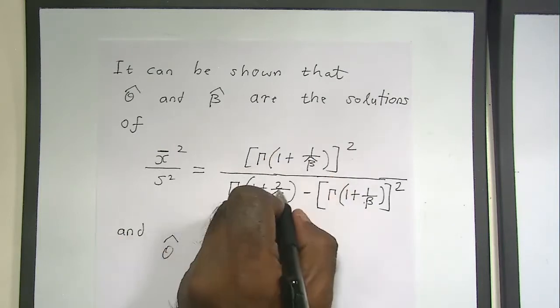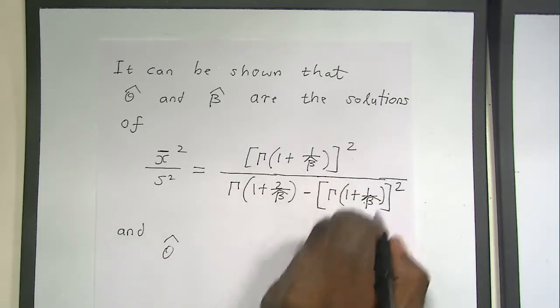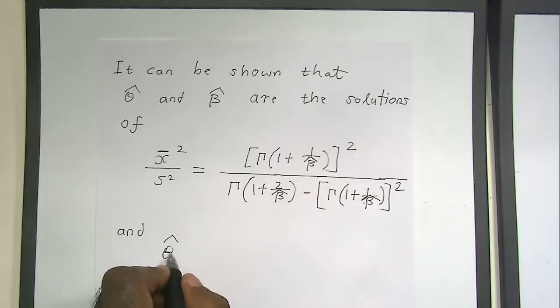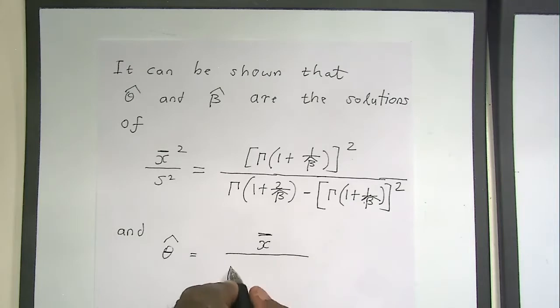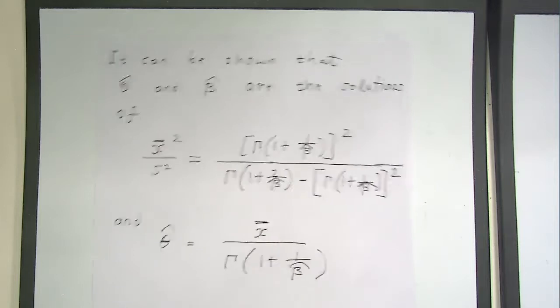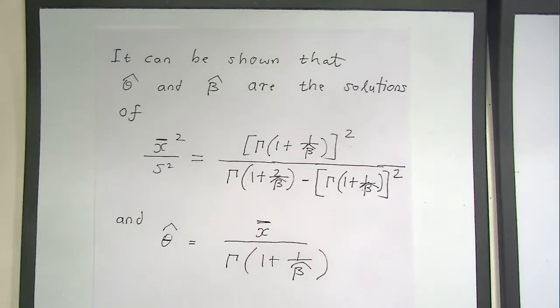Sorry, this should be beta hat, not beta. It can be shown that theta hat and beta hat are the solutions of these two equations, where x bar is the sample mean and s squared is the sample variance.